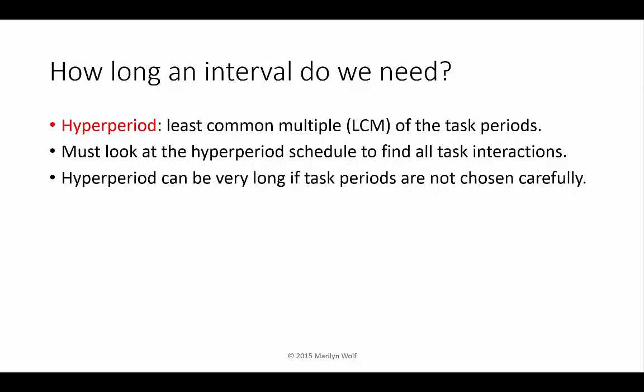If we look at the entire hyperperiod, that gives us all the possible combinations of process executions. So the hyperperiod allows us to fully evaluate a schedule. Of course, the length of the hyperperiod depends upon the task periods, and in some cases it can be very long.